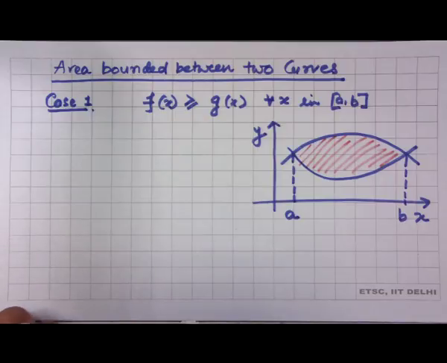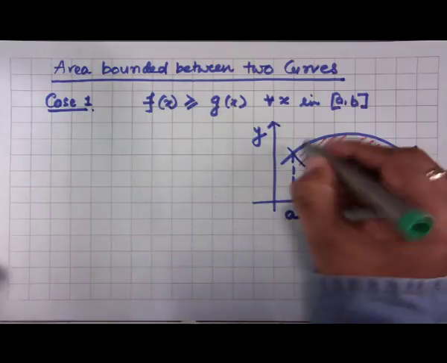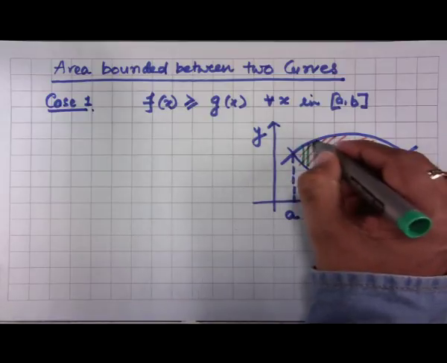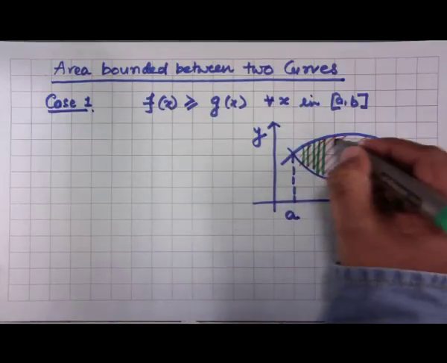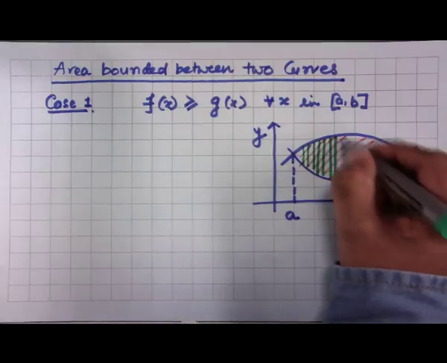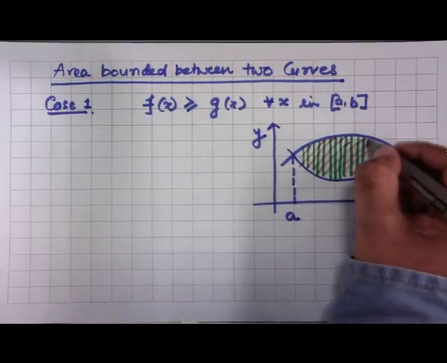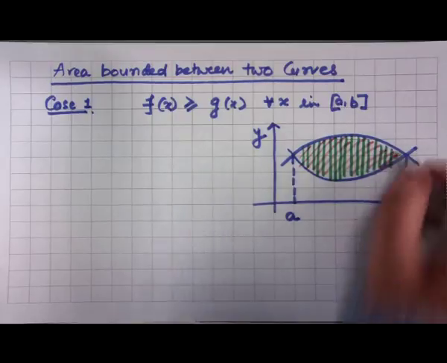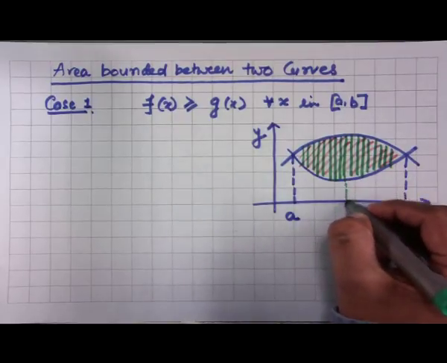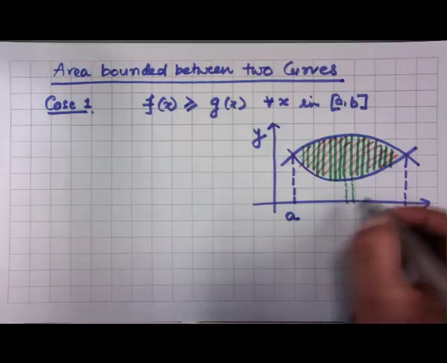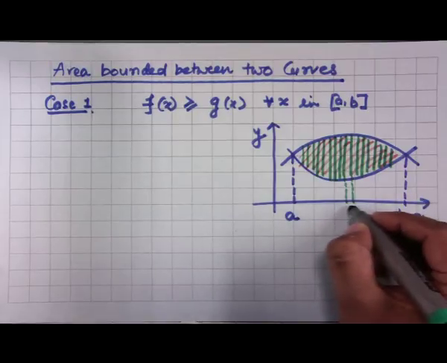So divide this area into several very thin rectangles, also referred to as elementary area, and if you extend it to the x axis, say this is dx.